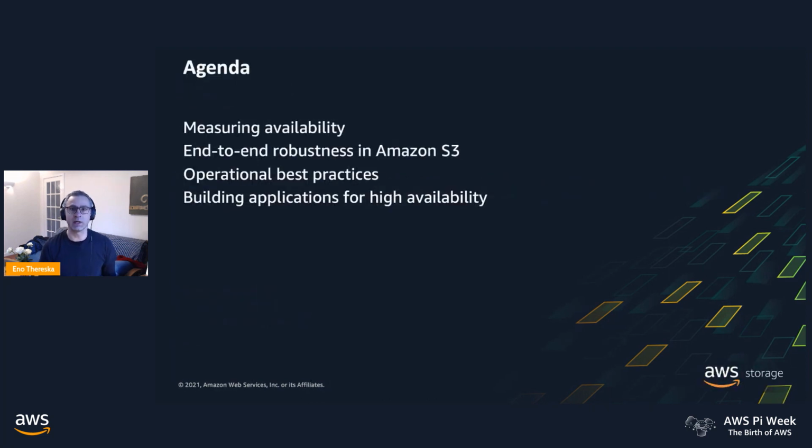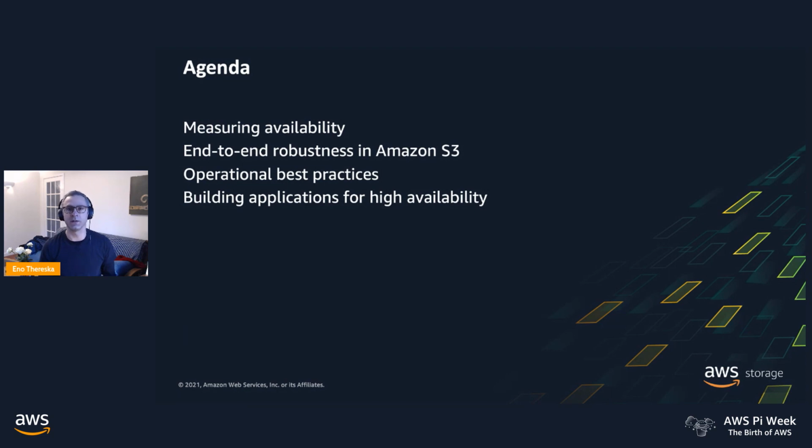So here's the agenda. I'll start with measuring availability and what it really means from a customer's point of view. Then I'll talk a little bit about the end-to-end robustness in Amazon S3, the hardware infrastructure and techniques to ensure robustness and good availability of each of the components. Now, this is only half of the story. The other half is techniques that we use to operate S3 for high availability.